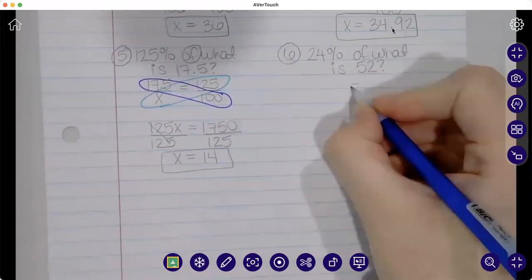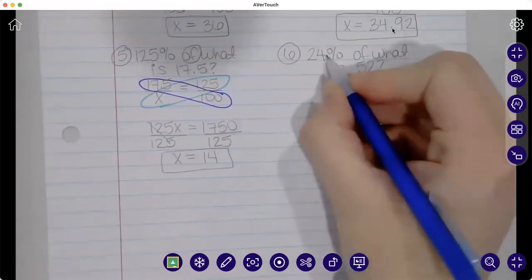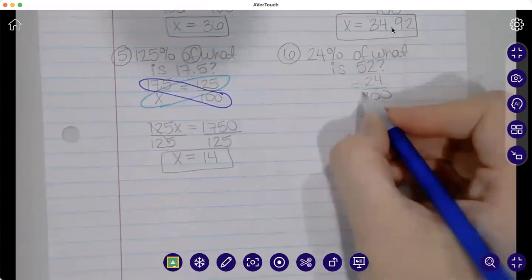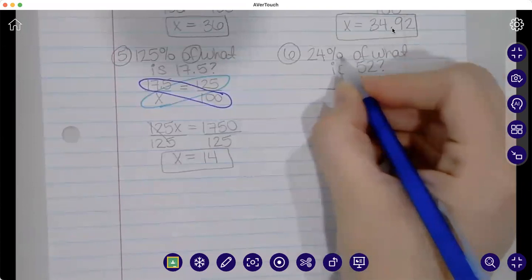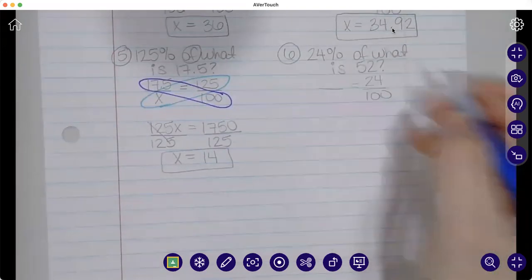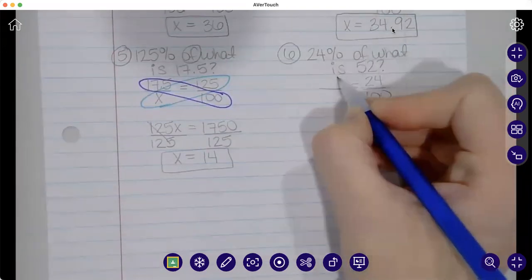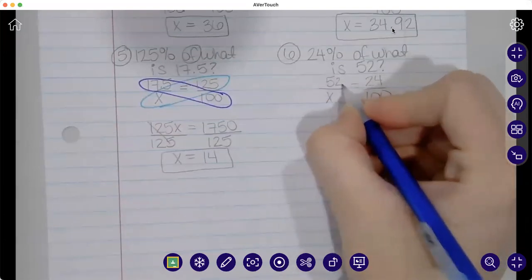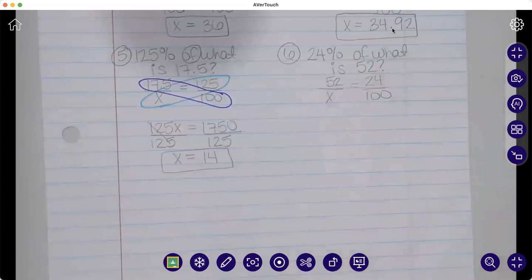So my percent proportion should be 24% divided by 100 is equal to, let's read the question again, 24% of what is 52? So of what is 52?